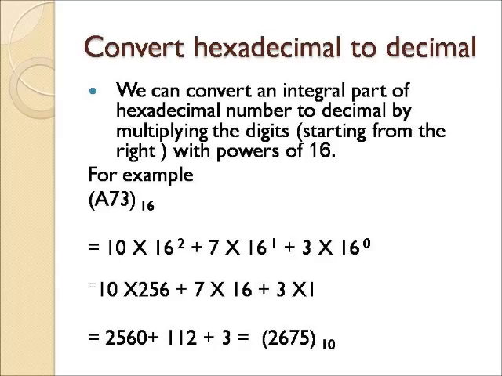So it will be 10 into 256 plus 7 into 16, plus 3 into 1, because 16 raised to 0 is 1. Here you can see that the result we are getting is 2675, which is the corresponding decimal for the hexadecimal number A73.